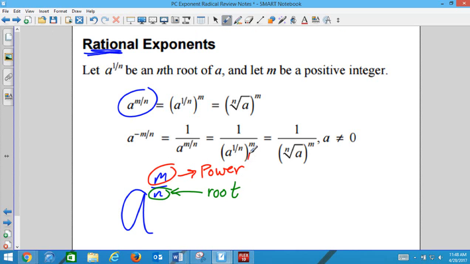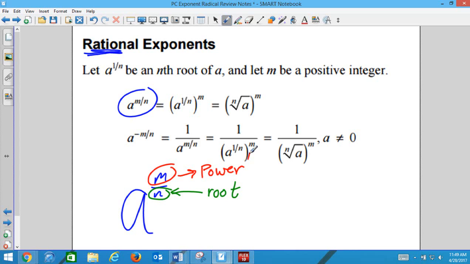How can we remember that the bottom number is always the root? Because roots grow in the ground. Roots are on the bottom. Power is up top. You can think of those power lines. But if you remember the root is on the bottom, then the other one's the power.